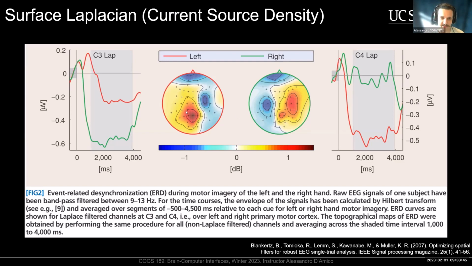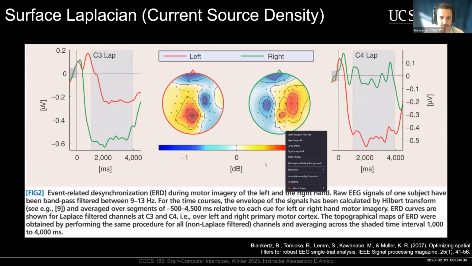And so we can see these nice spatial filters that are hemispheric. Sometimes they're diagonalized. That's not uncommon. But we're seeing that it's learning this difference between left and right just by accentuating the source information at individual electrodes.